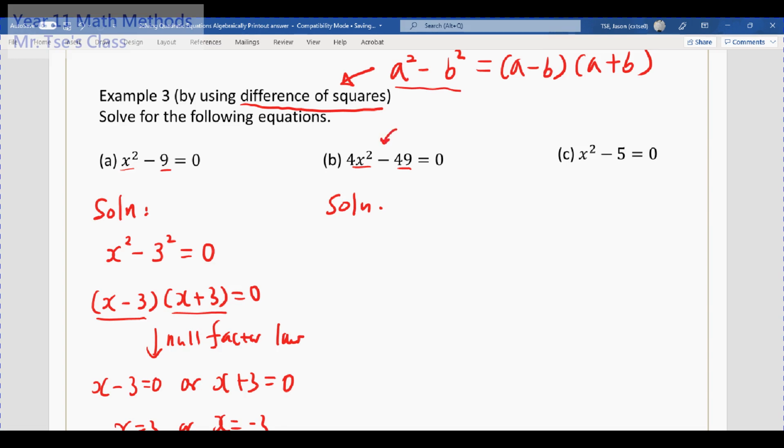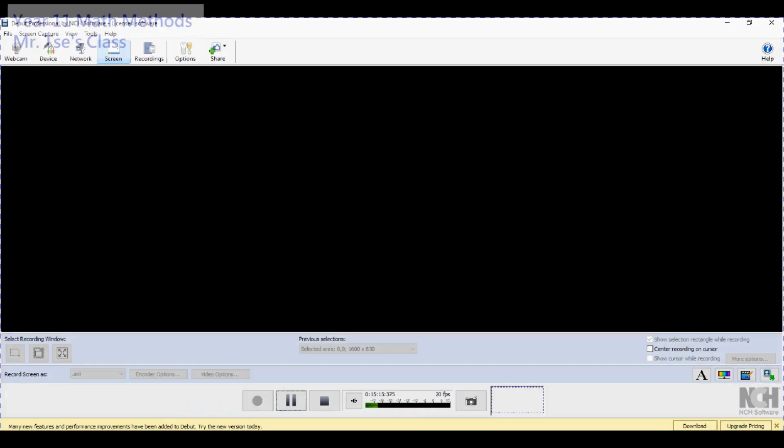I will give you like 1 minute to think about whether you can factorize. The key is, can you see what a is and what b is in this case? Just try to think about this. We'll go back very soon. You can pause the video.